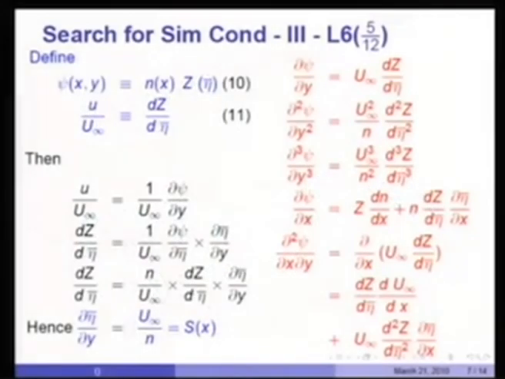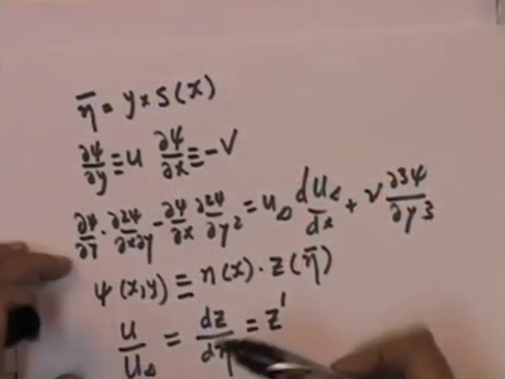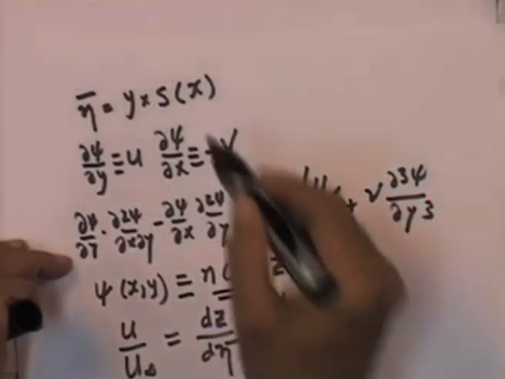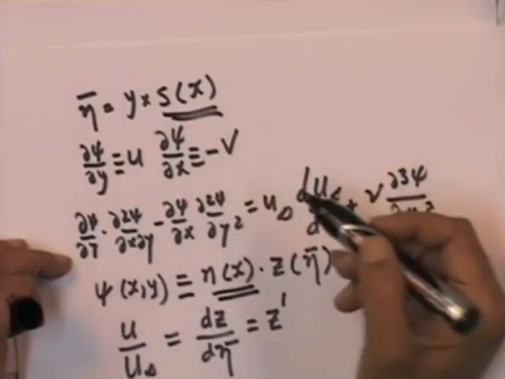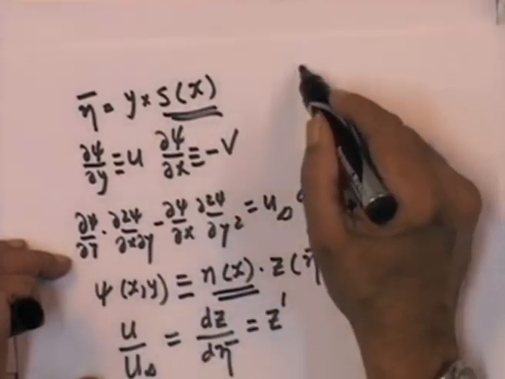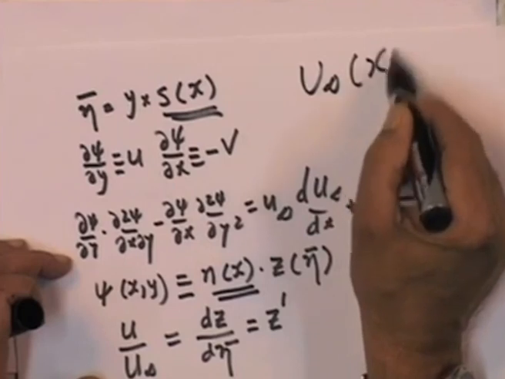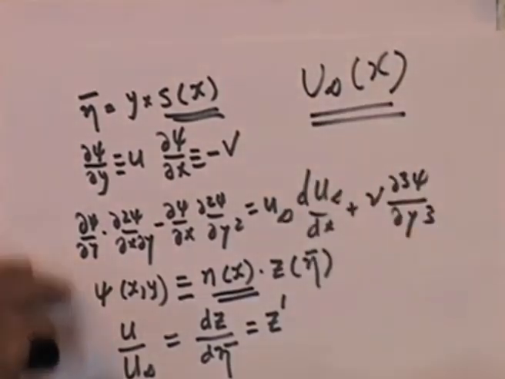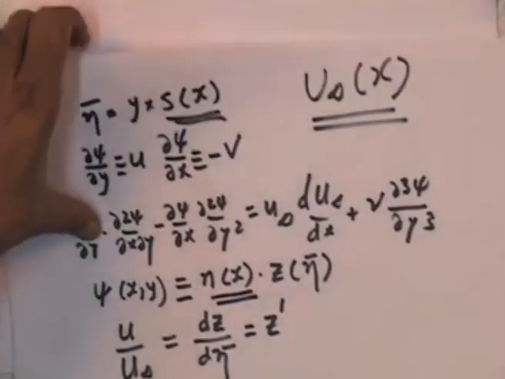Now we wish to establish the relationship between eta bar, u infinity and n. We have introduced another function n(x). We have already got one function S(x) and we have the third function u infinity(x). So, we want to establish a relationship between these three variables.